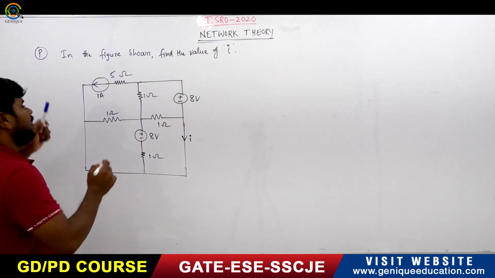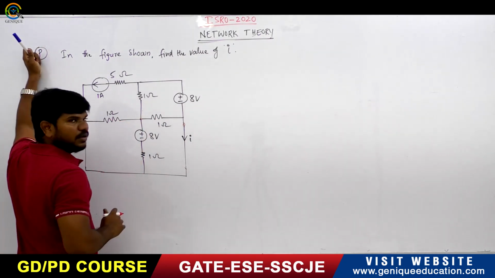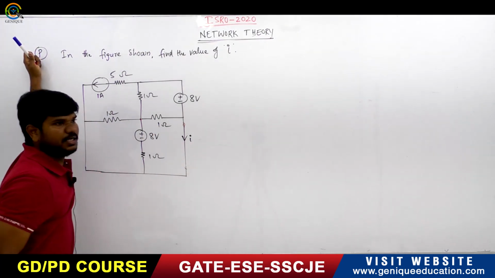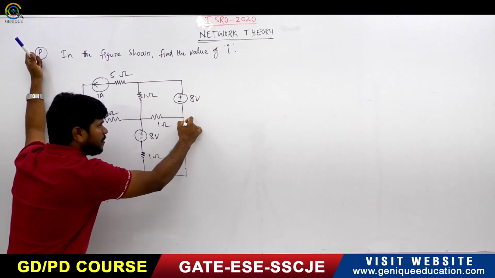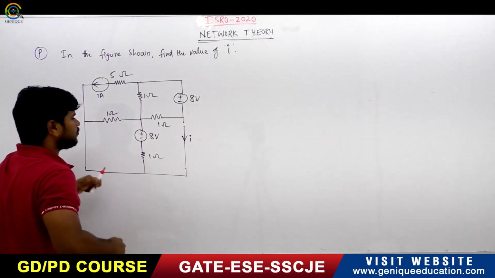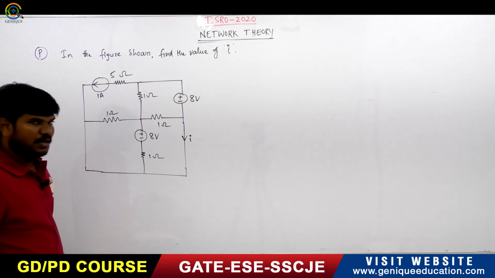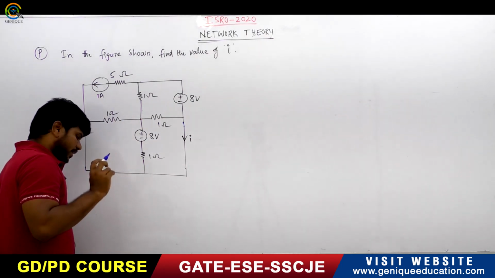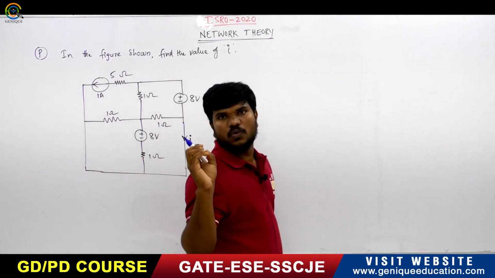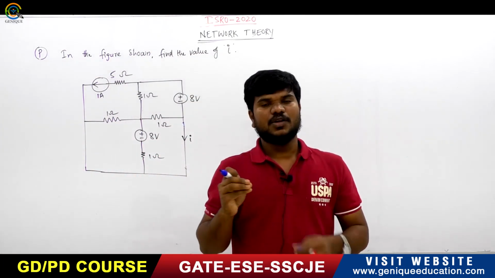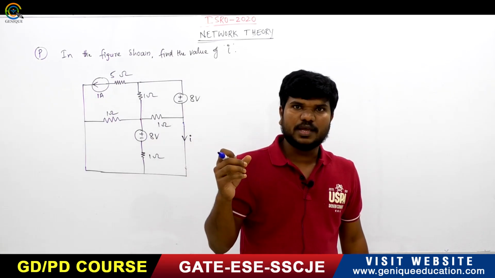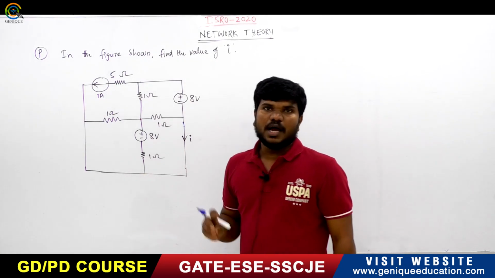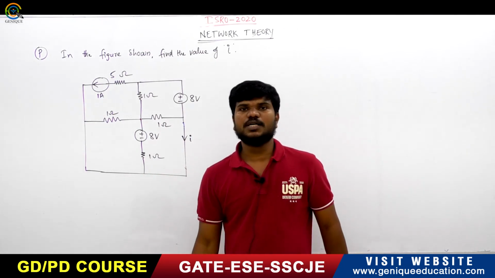If you observe this, here is a node. Let us suppose I want to find the current in this branch. First of all, I am marking a ground. It is a very good practice to mark the ground. Wherever there is a reference, you have to identify the proper reference. You can mark anywhere as the reference, but anyhow we will identify the reference at the bottom of the circuit.